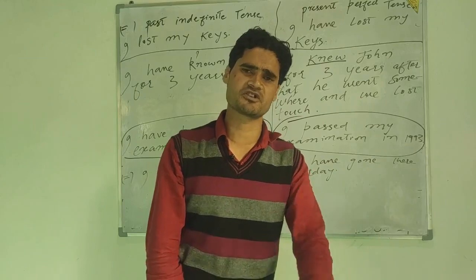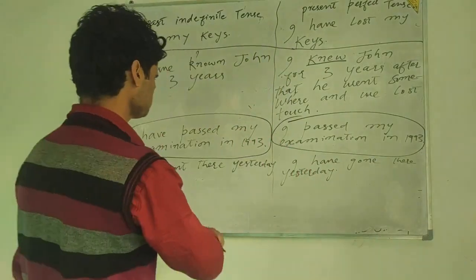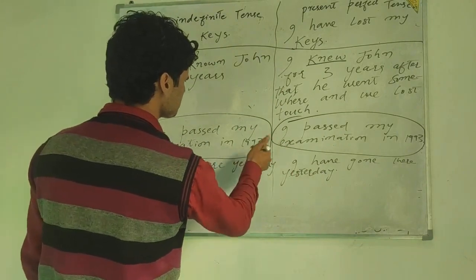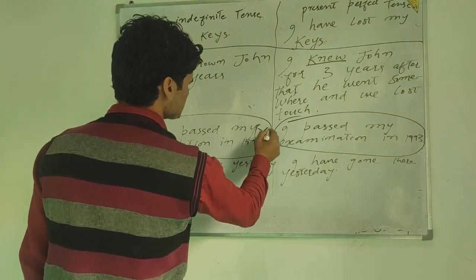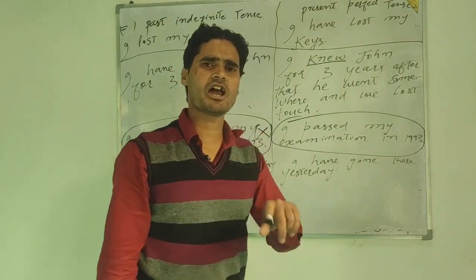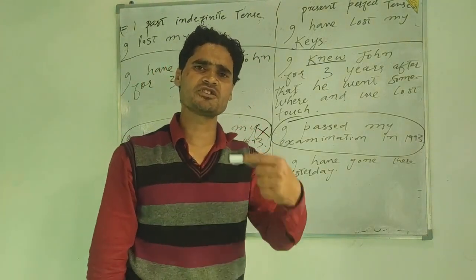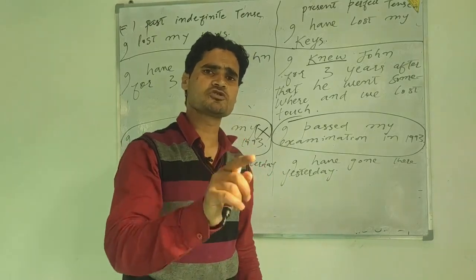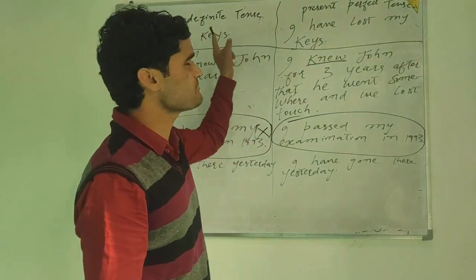Finished time periods, you have to bear it in mind. If you say I have passed my examination in 1993, it is 100% wrong. It is grammatically wrong. Why? I have already told you that the finished time periods are used in past indefinite tense.